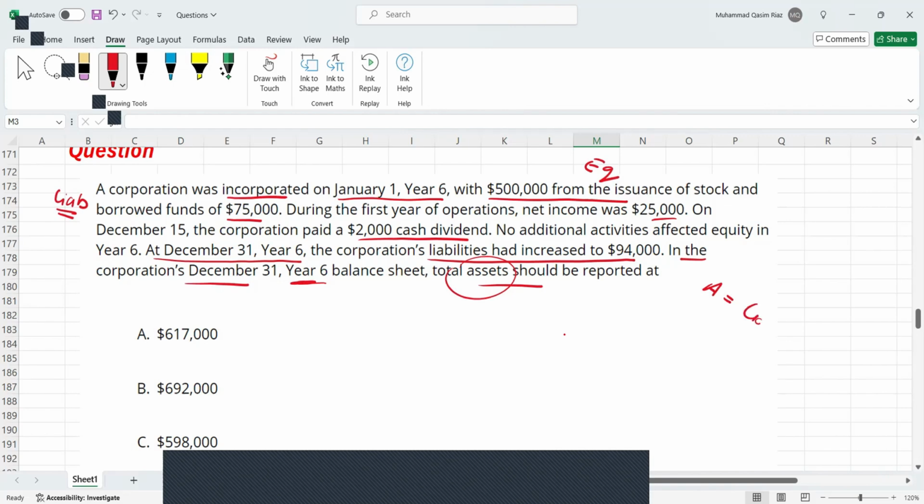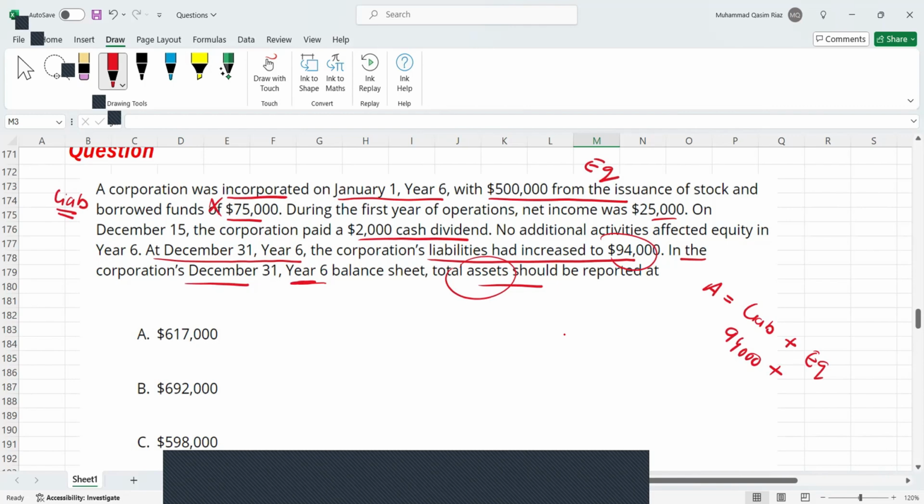So we know the accounting equation, assets are always equal to liability plus equity. So liabilities are given at the end of year, 94,000. You can check in the question, because we need liabilities at the end of year, not at the beginning of year, because we prepare the balance sheet at the end of year.